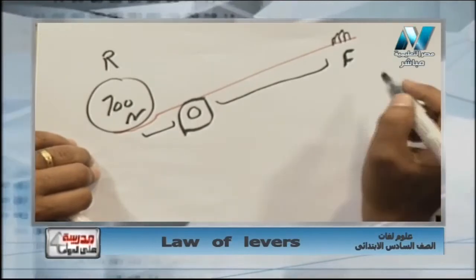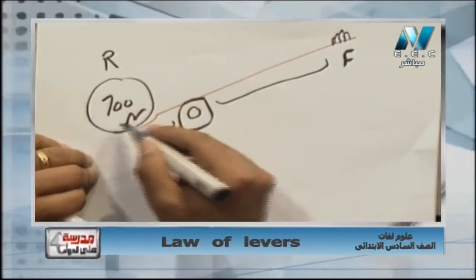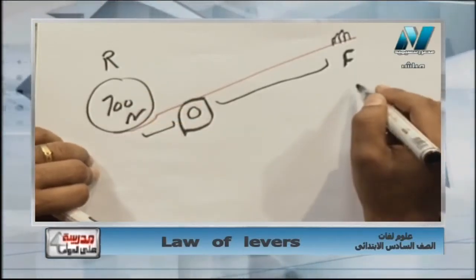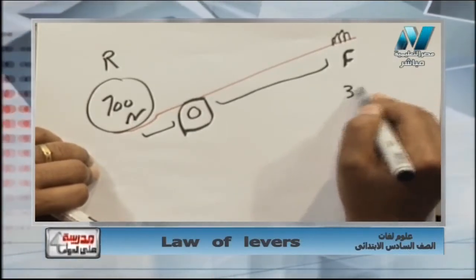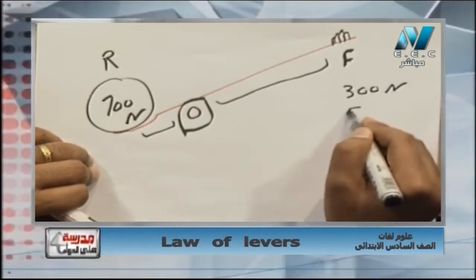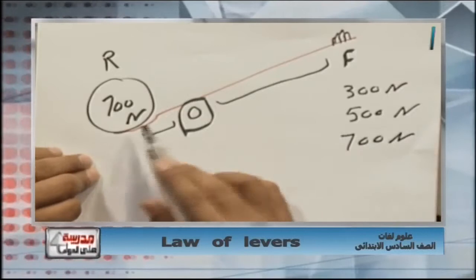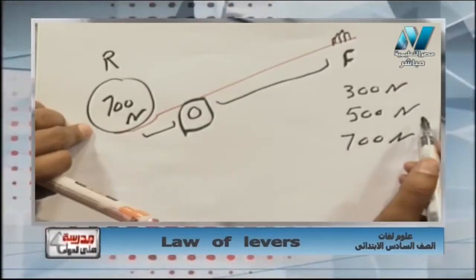Let's imagine and discuss: if this resistance is 700 Newton, do I need to exert an effort of 300 Newton, maybe 500 Newton, or maybe 700 Newton to move this resistance? Which is the suitable answer?